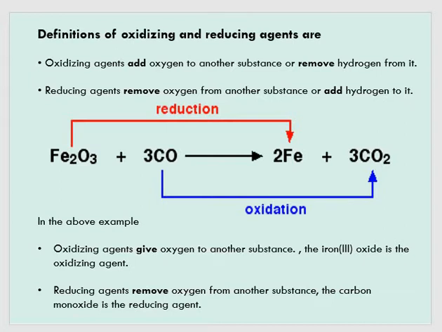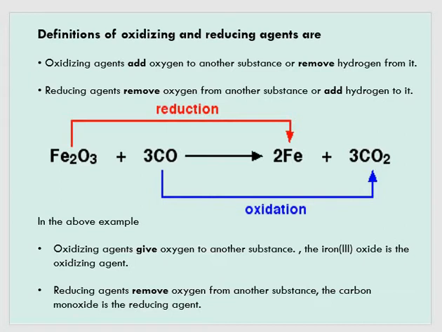In this example, iron 3 oxide is the oxidizing agent since it gives oxygen to carbon monoxide, that is CO. Similarly, carbon monoxide CO is a reducing agent since it removes oxygen from Fe2O3.